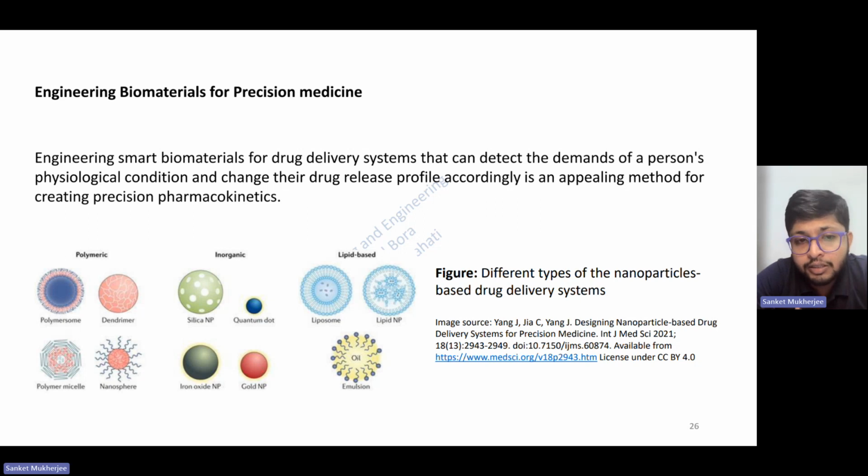We have inorganic substances like silica nanoparticles, iron oxide nanoparticles, gold nanoparticles, silver nanoparticles, and quantum dots, for which they recently got the Nobel Prize for discovering, although it has applications in LED technology mostly, but they are also used in medicine. Then lipid-based nanoparticles. So it is liposomes, lipid nanoparticles, and emulsions, which work better with the membranous systems. So those kind of things are there.